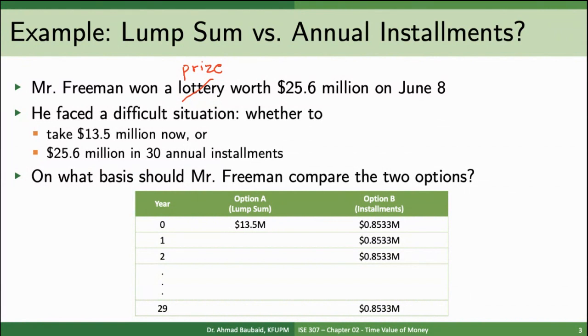Wait, so you're saying it's better to take option B than A? Yes, because it's guaranteed that I will get 100% interest. If I take option A and invest it, it's not guaranteed to take 100% interest.